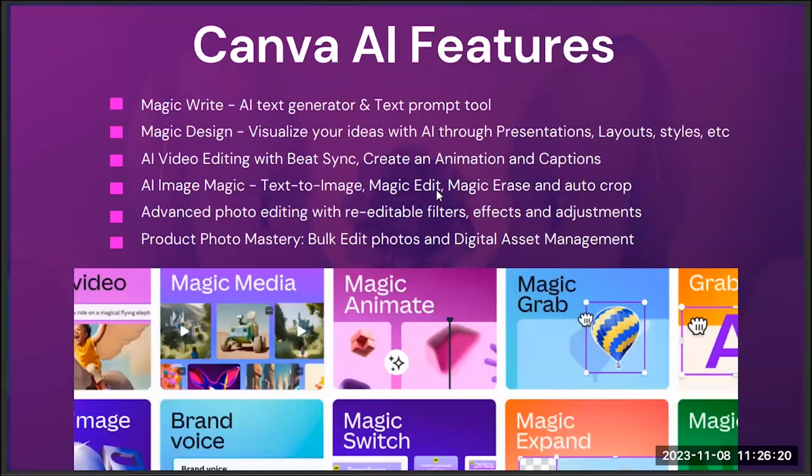All this helps in tweaking and editing images. Now, there's also advanced photo editing with re-editable filters, effects, product photo mastery, and a whole lot. I don't want us to waste much time here, else we can spend so many hours just talking about the AI features on Canva.